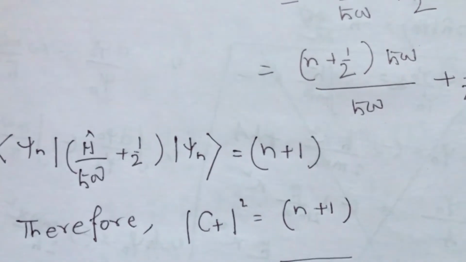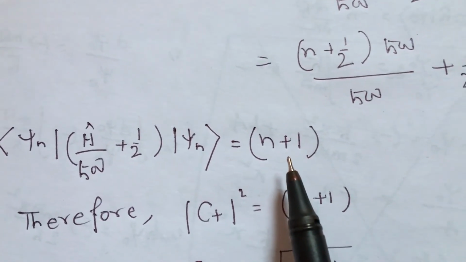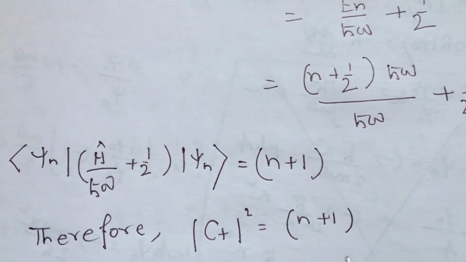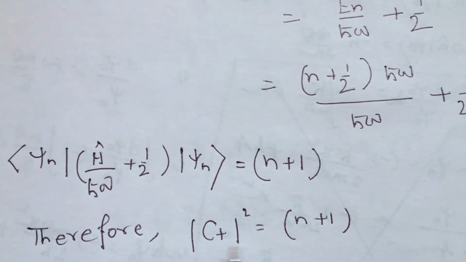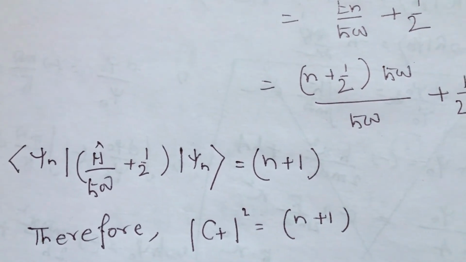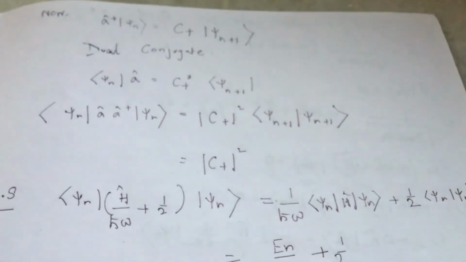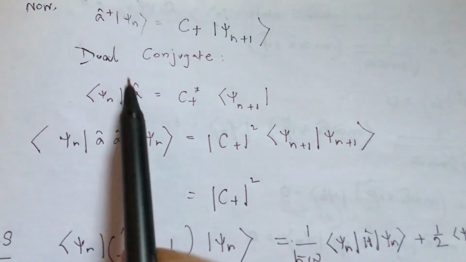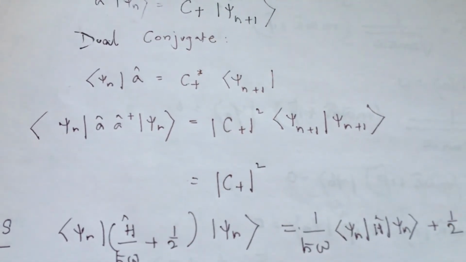Left hand side we had this, and right hand side we have just obtained n plus 1. And we can write C plus mod square equal to n plus 1, because we had this relation, a dagger psi n equal to C plus psi n plus 1.